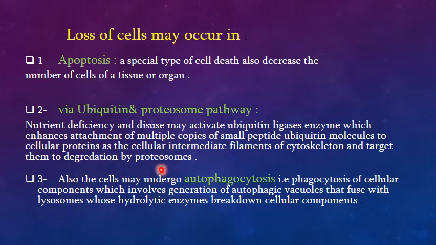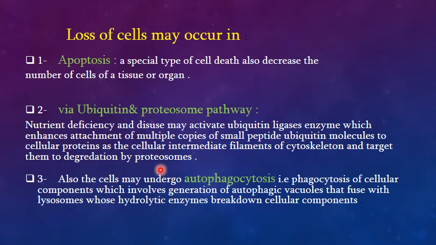When the organ is not used, disuse, or there is deficiency in the nutrient for a long period, a paralyzed organ, decrease in the blood supply, whatever the cause that leads to the immobilization of that organ or tissue, it will lead to activation of the ubiquitin ligase enzyme. What are these?